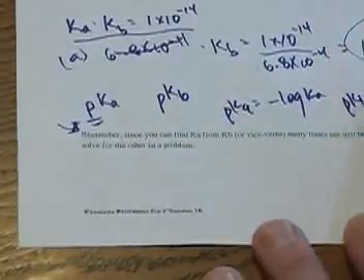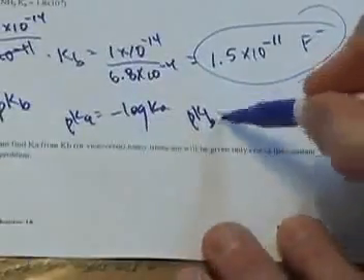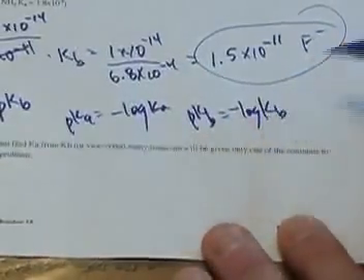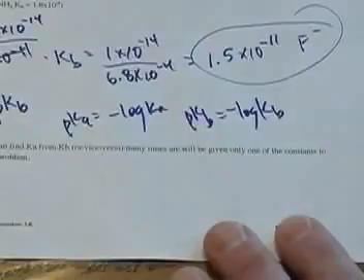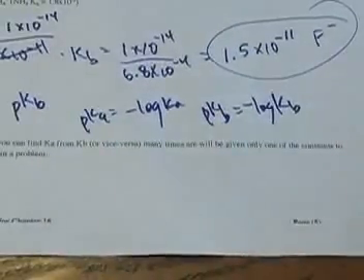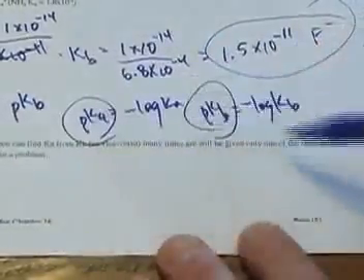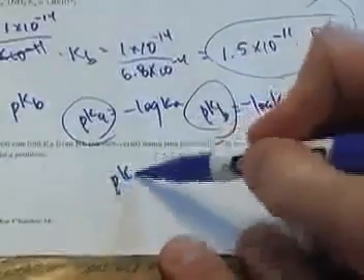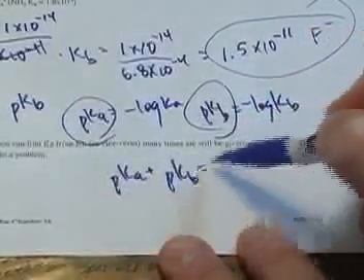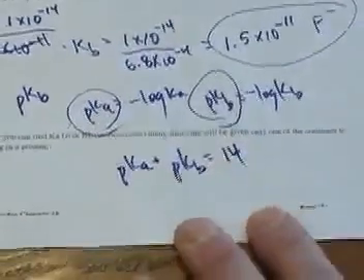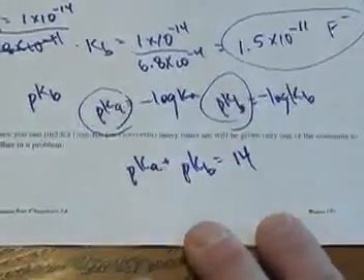To find the pKb, you simply take the negative logarithm of the Kb. And there's a cool equation that comes from both of these two that you can say the pKa plus the pKb is equal to 14, just like we did with the pH and the pOH.